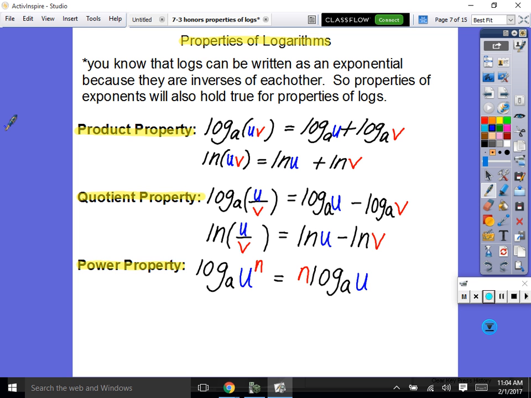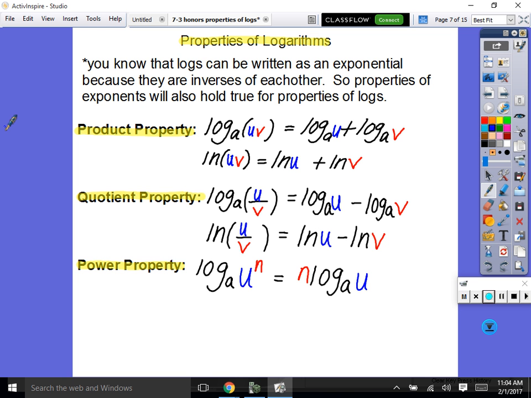So remember back to when we were doing properties of exponents. When you have the same base, like 2 to the third power times 2 to the fourth power, when you multiply, you add, right, everybody? So that would be 2 to the 7th. When you divide, let's say we had 2 to the third divided by 2 to the fourth, then you subtract the bottom from the top.